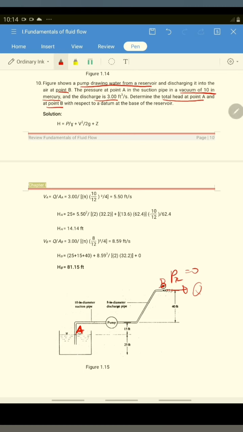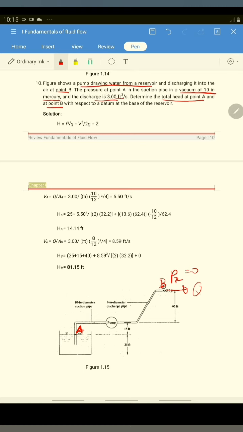Since Q is given for the discharge, the pump draws from the reservoir. We have to list down the given.